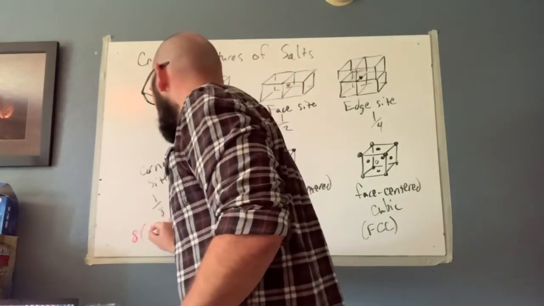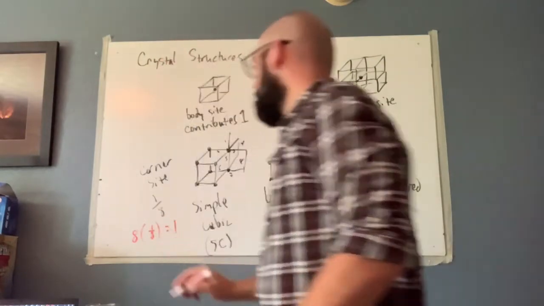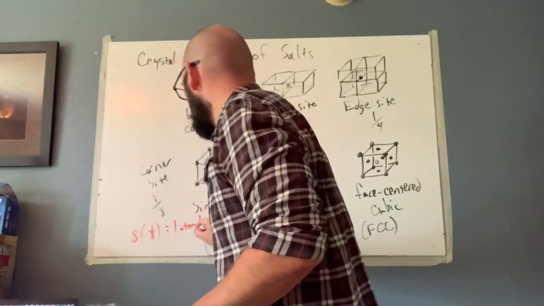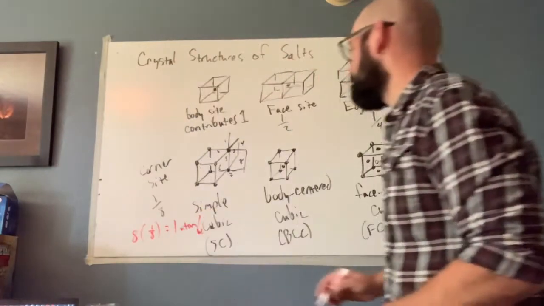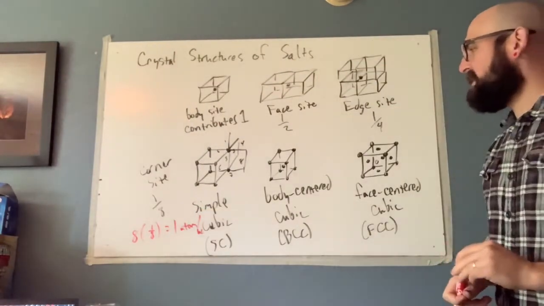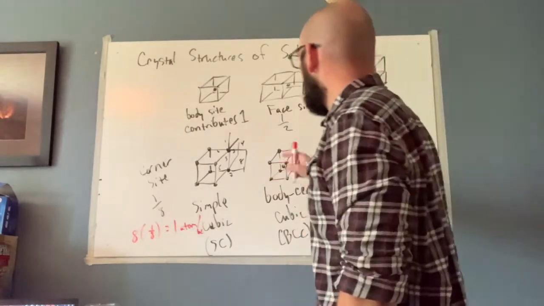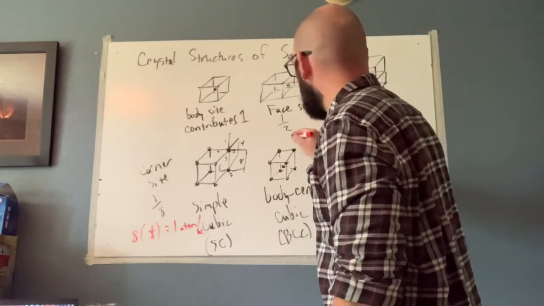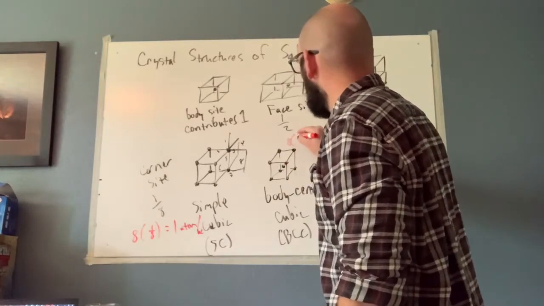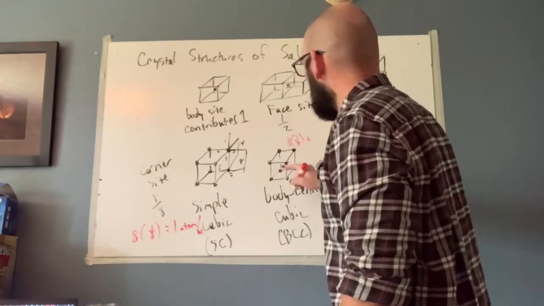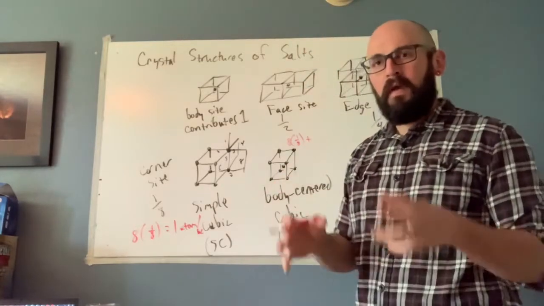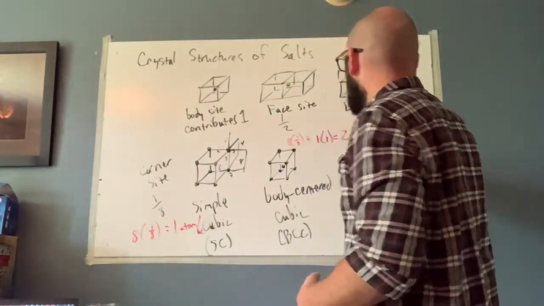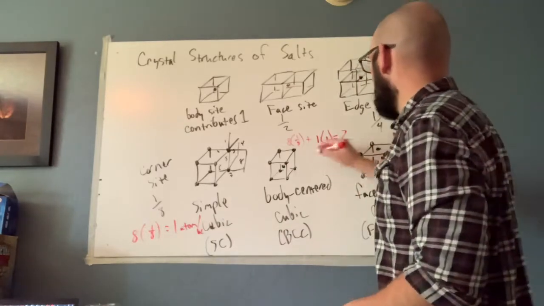So 8 times 1/8 gives us 1 atom per unit cell. If we look at a body-centered cubic system, we have 1, 2, 3, 4, 5, 6, 7, 8 atoms in corner sites. So 8 times 1/8, plus we have 1 atom that's in a body site. So 1 times 1, and this gives us 2 atoms per unit cell.